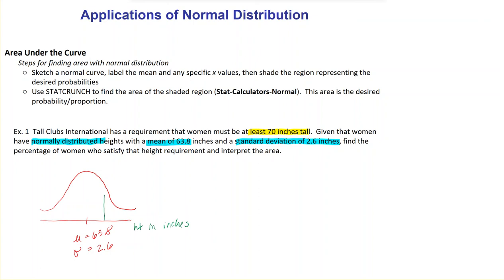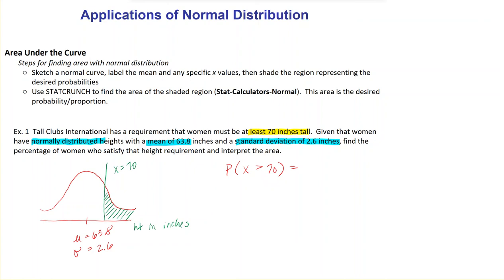So 70 inches is somewhere over here. That's going to be X. And you must be at least 70 inches, so we can have 70 inches or more. So I'm looking for then the probability that I have a person who has a height X greater than 70 inches. And that's what I'm looking for.